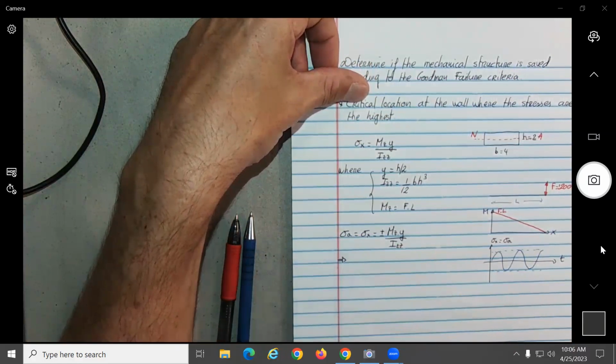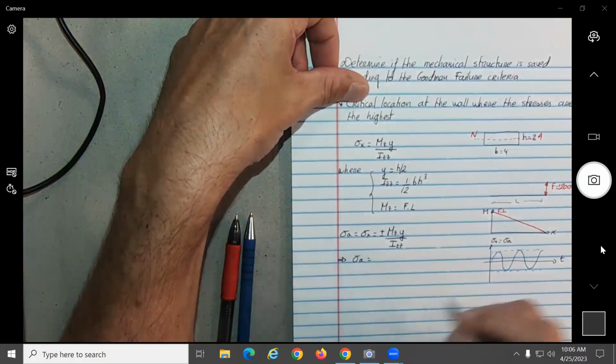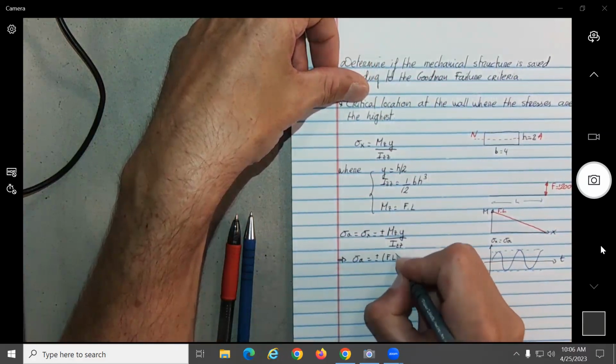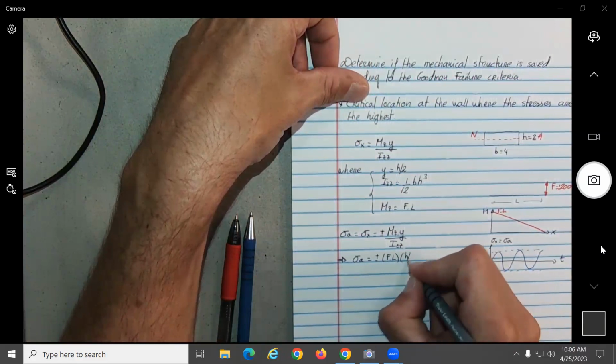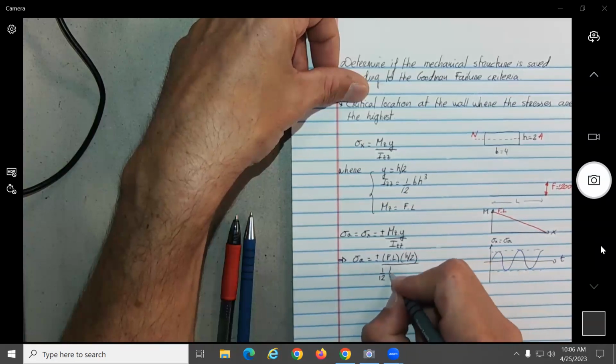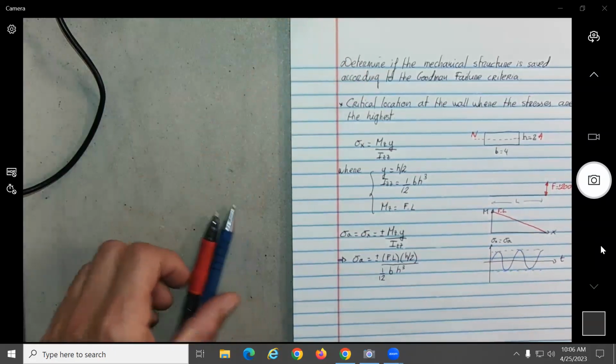Maybe I'm going too fast over here. So it should be equal to plus or minus F times L times h divided by 2, divided by one twelfth b h cubed. Maybe I'm doing too much symbolic here.